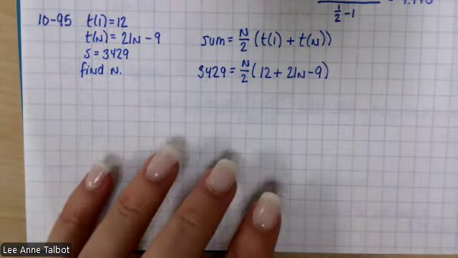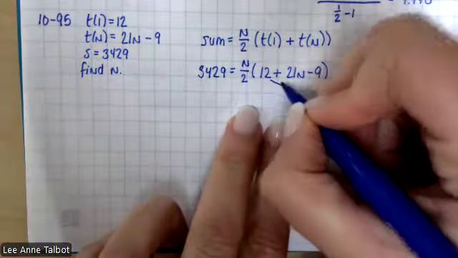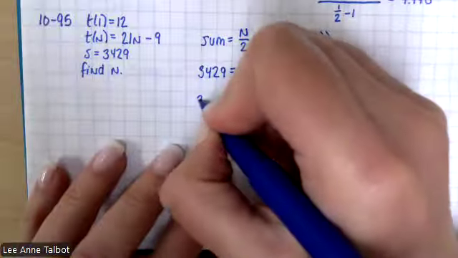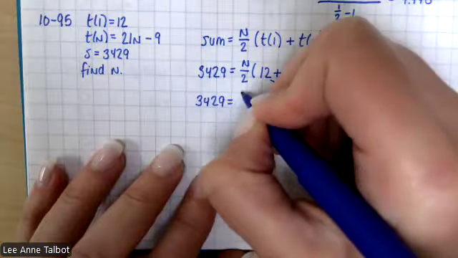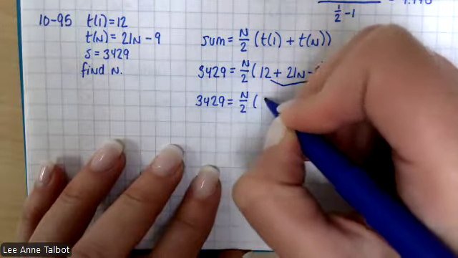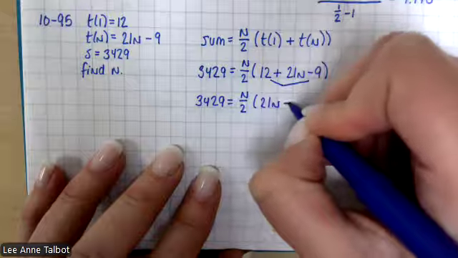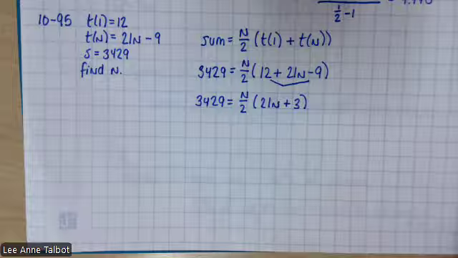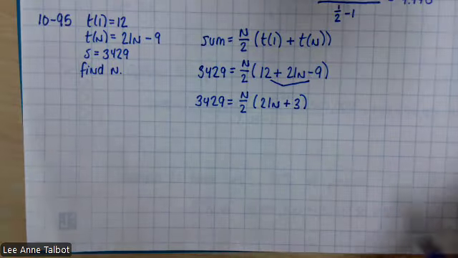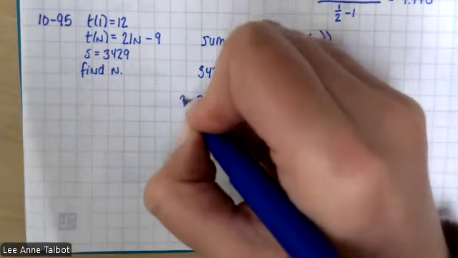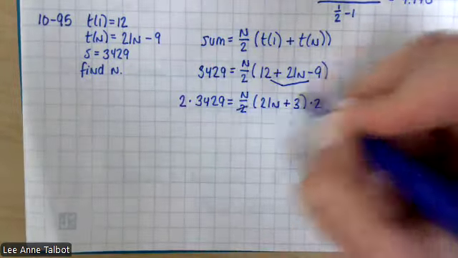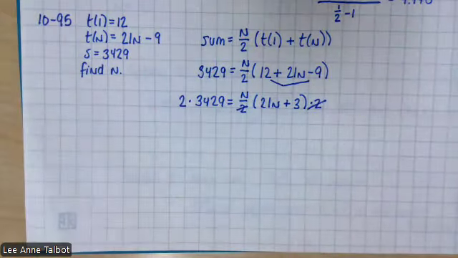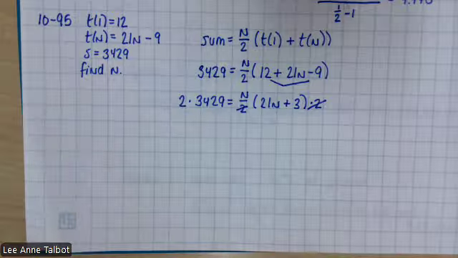Okay, now I'm going to do the simplification of this first. Then I like to multiply both sides by 2 to get rid of the denominator because these are odd numbers. I don't want to have fractions or decimals.